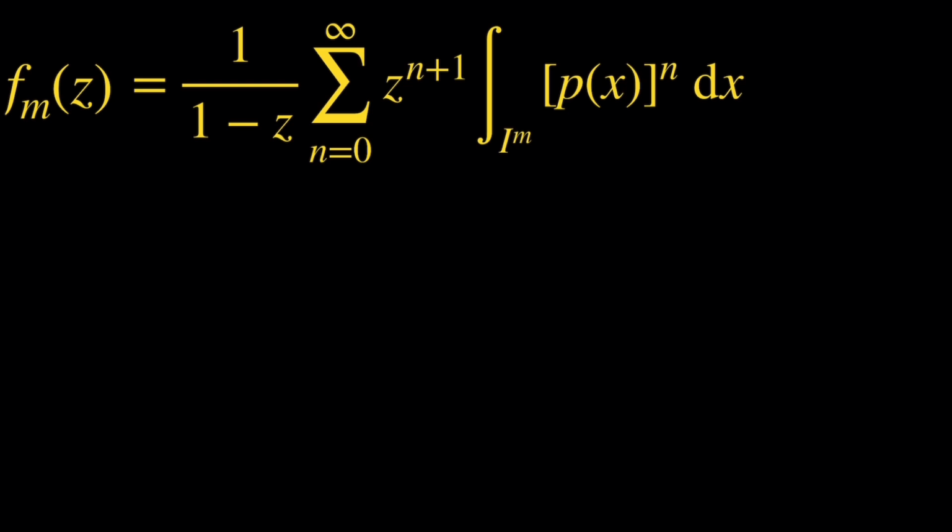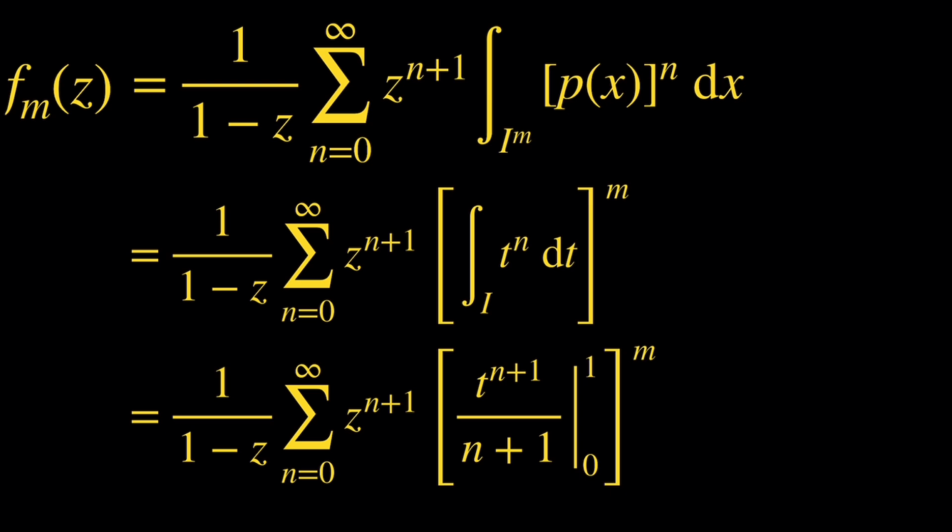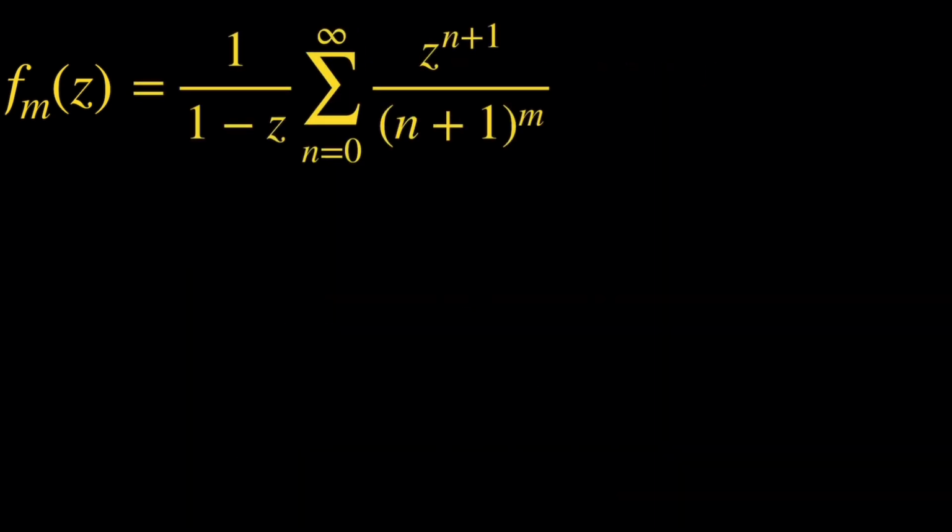So this integral is going to be the product of exactly m integrals, and each of those integrals is going to be equal to the integral from 0 to 1 of t^n dt. So we're going to get the mth power of the integral from 0 to 1 of t^n dt.